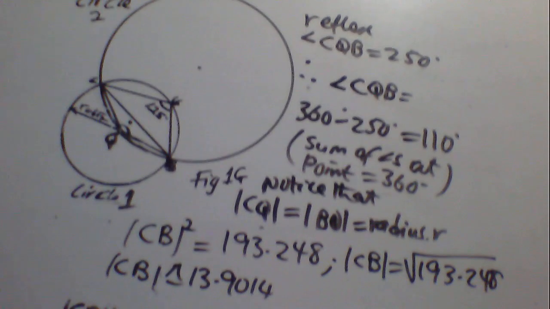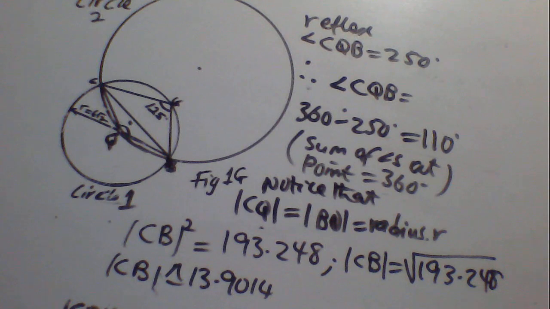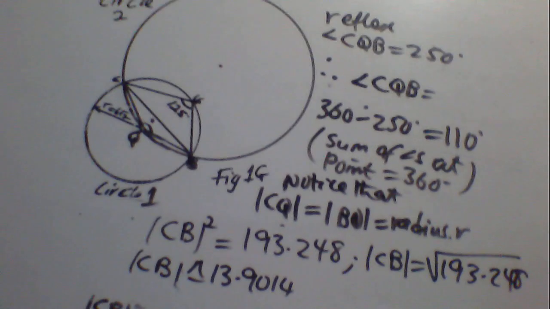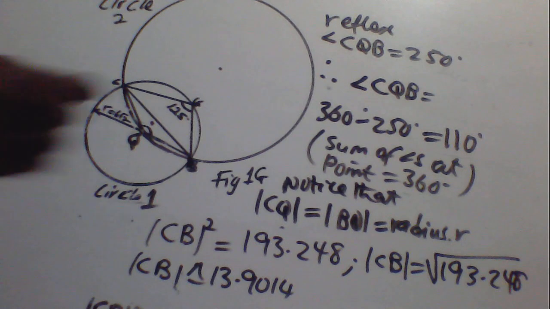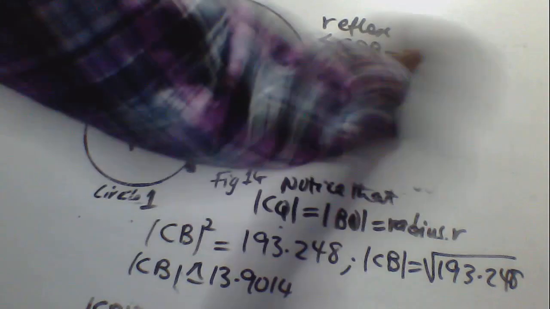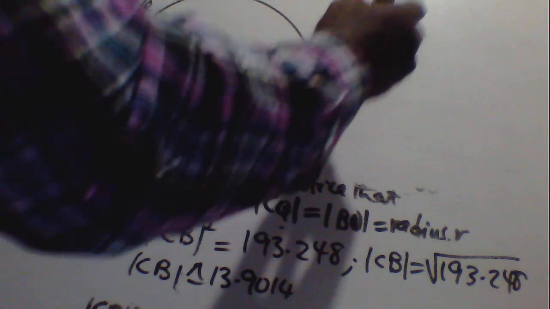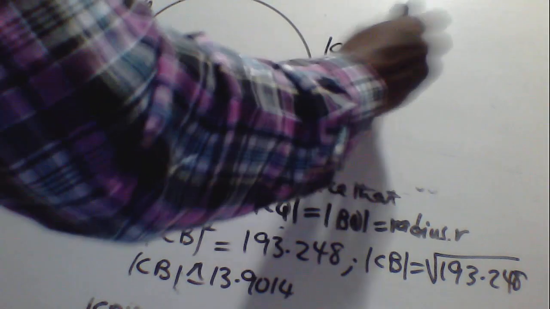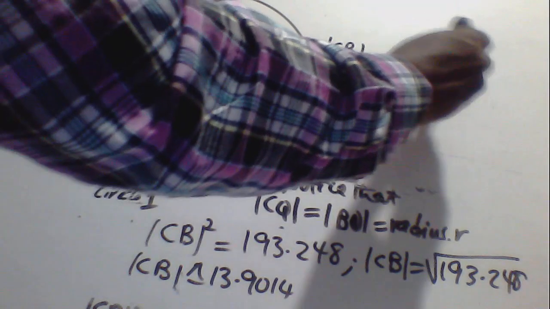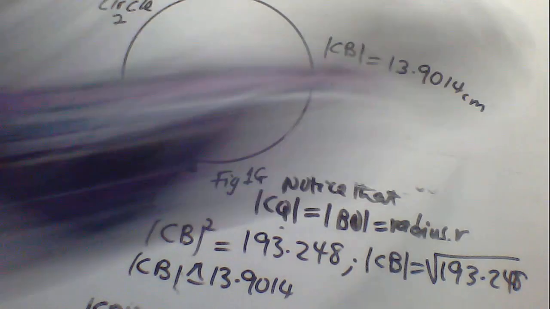So we have gotten CB. We can write it somewhere so we can know it: CB is 13.9014 cm.